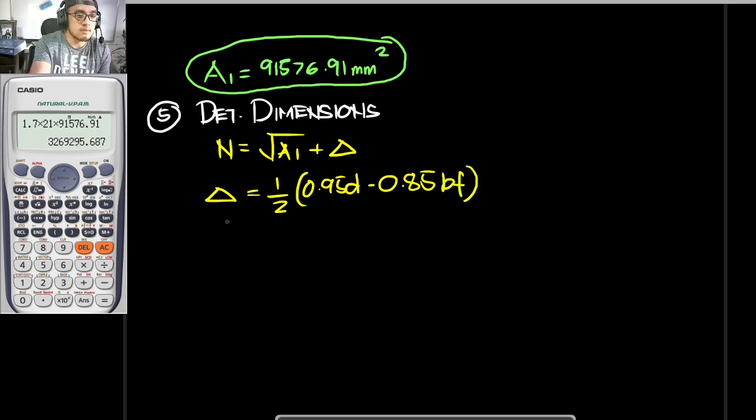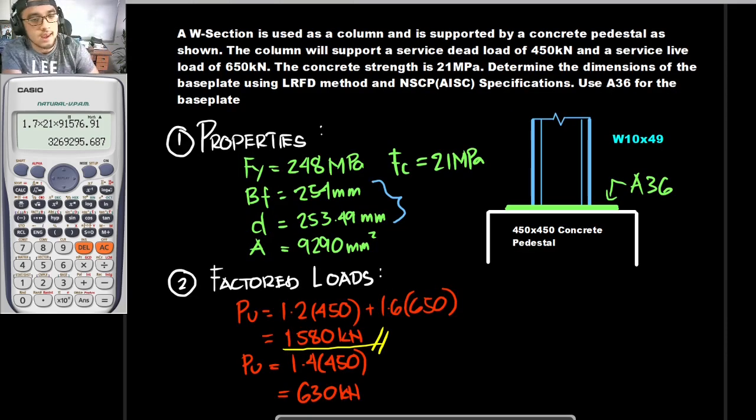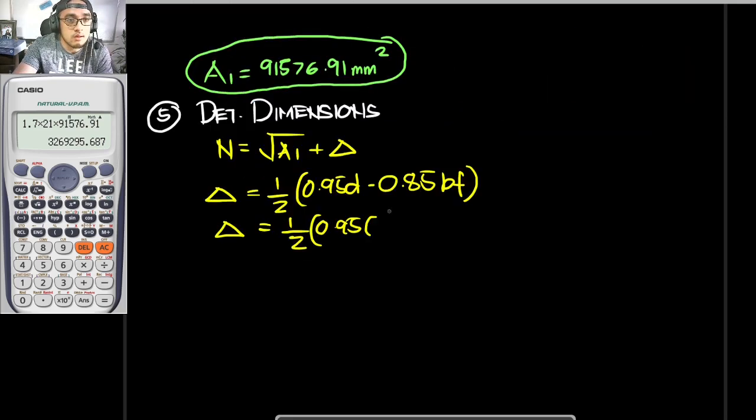So direct substitution. So for us to get the value of delta, that is to be 1 half times 0.95 times, nakalimutan ko ng ating d. So ang d natin would be 253.49 and ang base of flange natin would be 254. Okay.